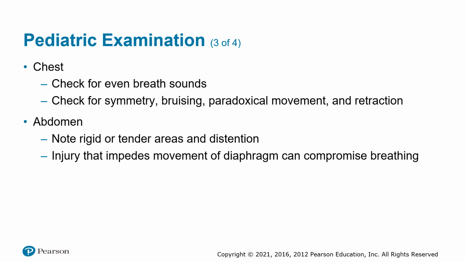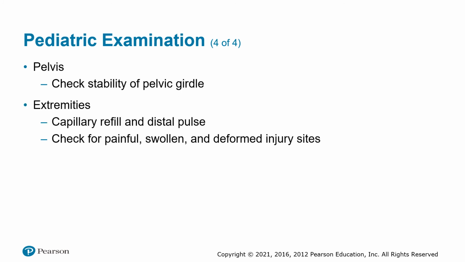The pediatric chest, look for even breath sounds, check for symmetry, bruising, paradoxical movement, and retraction. In the abdomen, you're going to note if it's rigid or tender; injury that impedes movement of the diaphragm can compromise breathing as well. Pelvis, you're going to check for pelvic stability.